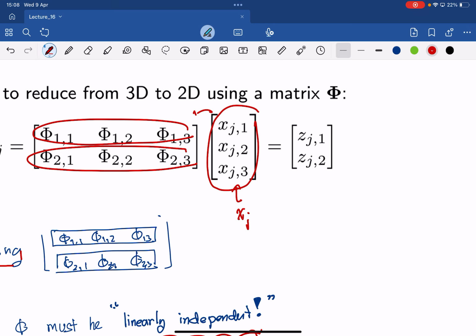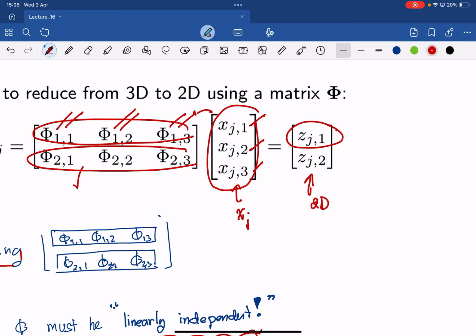So you do the dot product of phi 1,1, phi 1,2, phi 1,3 with xj1, xj2, xj3, and you get zj1. That is the value in one of your coordinates if you want to visualize your data in 2D.